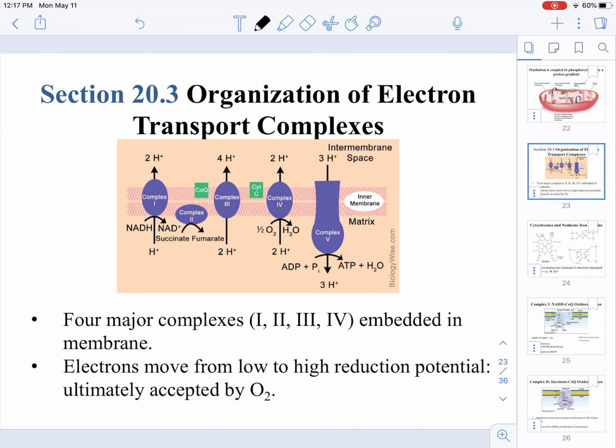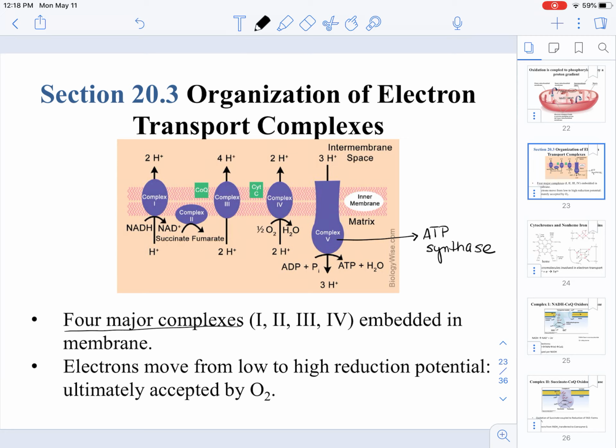So now we're going to look in detail at the organization of the electron transport complexes inside of the mitochondria. There are 4 major complexes. Even though in the figure on this slide you see 5 complexes, complex 5, which we're going to treat as a separate entity, is ATP synthase.